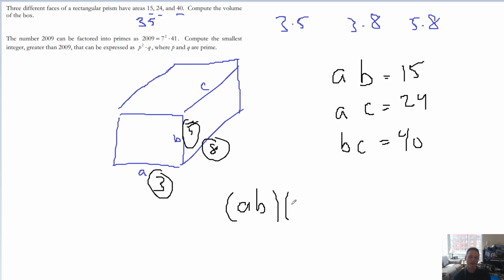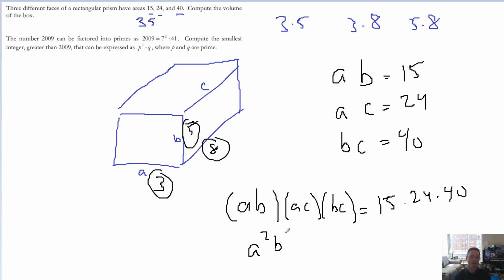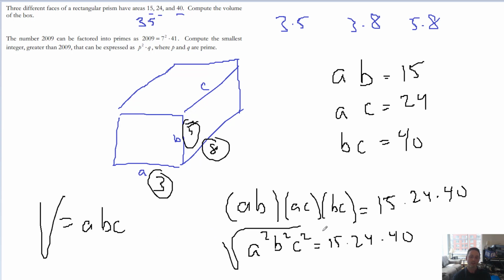AB times AC times BC equals 15 times 24 times 40. And that also means A squared, B squared, C squared equals 15 times 24 times 40. And in order to find the volume, remember volume is the product of all the dimensions, A, B, C, you would just take the square root of both sides. So you would take the square root of 15 times 24 times 40.